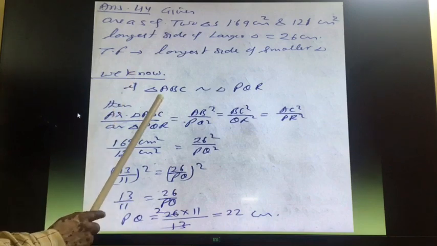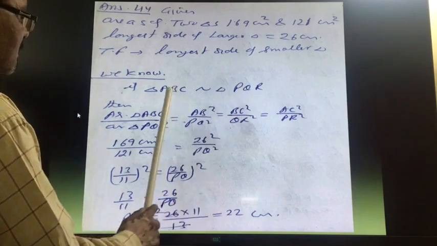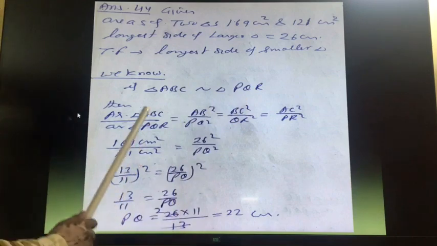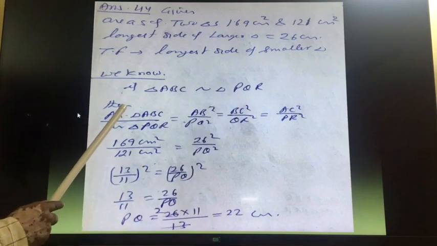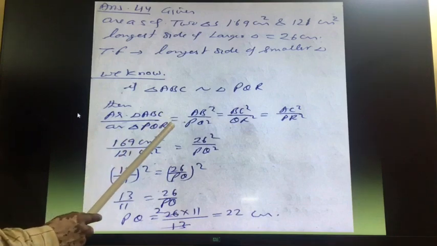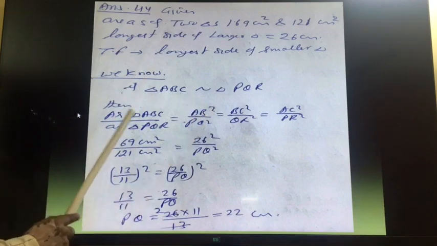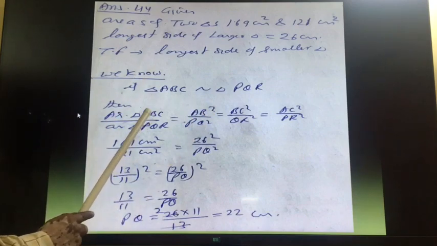So we know if triangle ABC is similar to triangle PQR, then the area theorem says area of triangle ABC upon area of triangle PQR is equal to the ratio of the squares of their corresponding sides. Corresponding sides are AB and PQ.